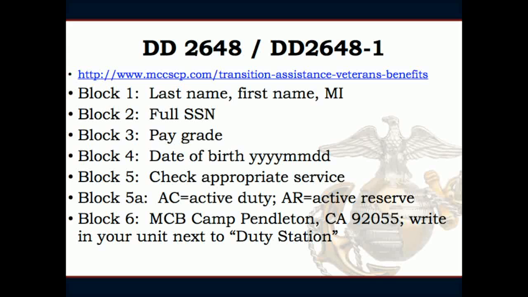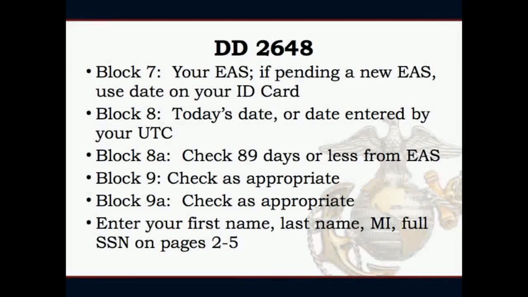Enter MCB Camp Pendleton and write in your unit next to the duty station. Block 6B, California. Block 6C, the zip code is 92055. In block 7, enter your EAS with the year, month, and day format.